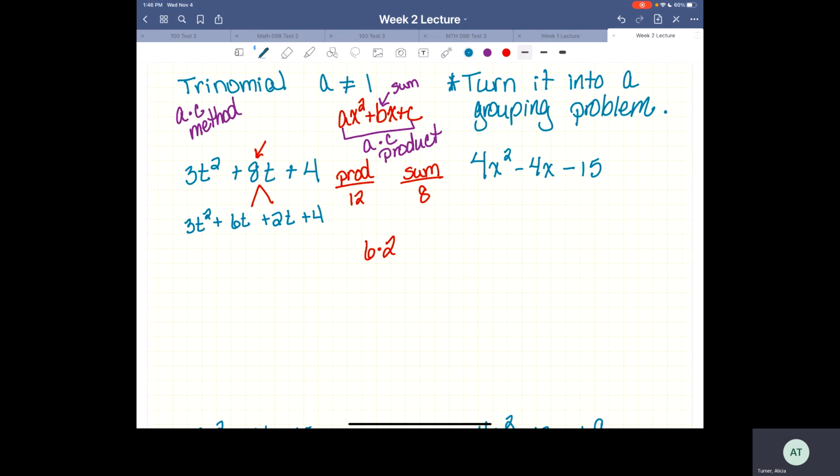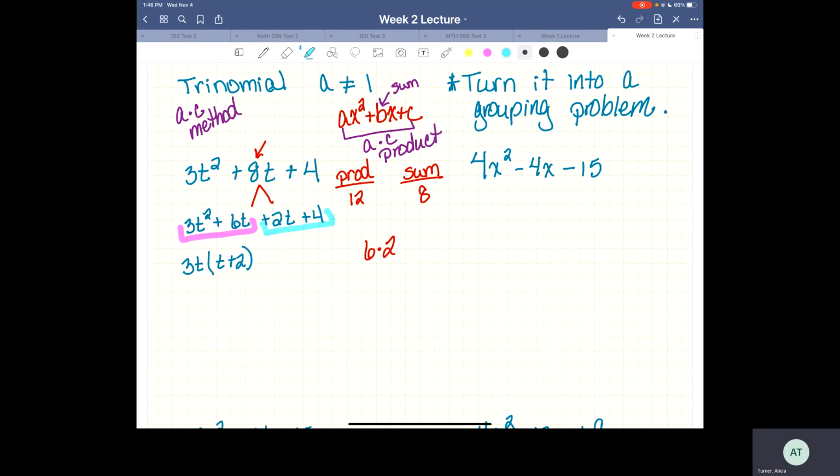Now I can solve this the same way that I would solve a grouping problem. 3t comes out of both of these, so I'm left with t plus 2. I just looked at these two right here. Now I'm going to look at these two.